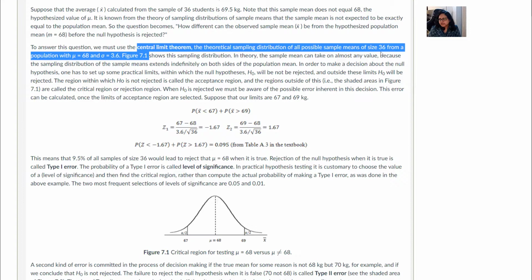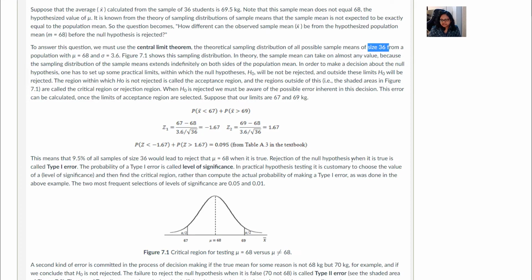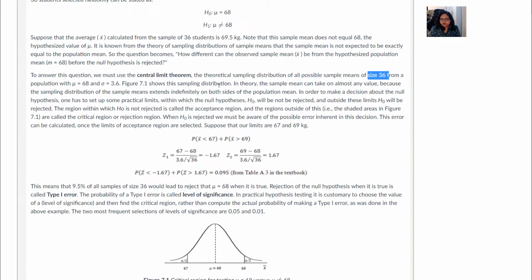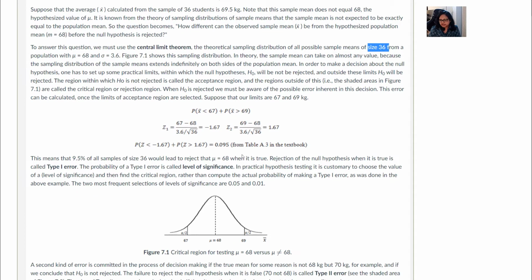Since we have a larger data set, and also we know the standard deviation or the variance of the population, then we can easily use the z-test, because it depends on whether the population standard deviation is known or not, and on the sample size.